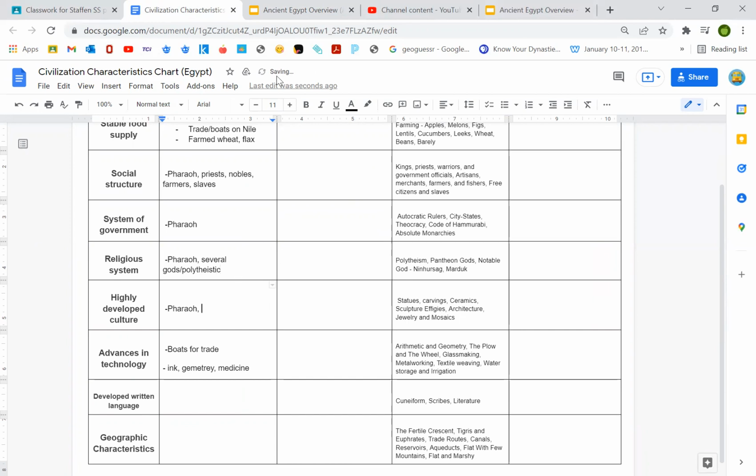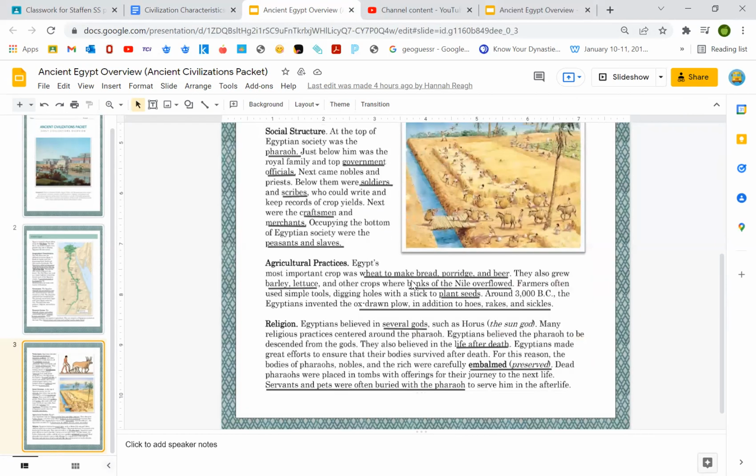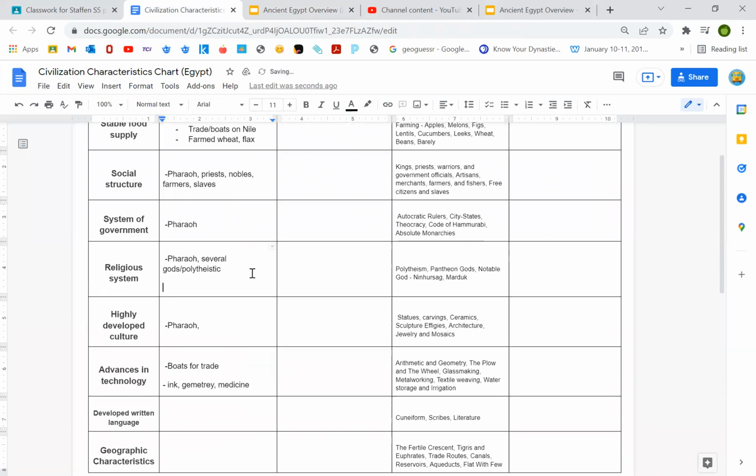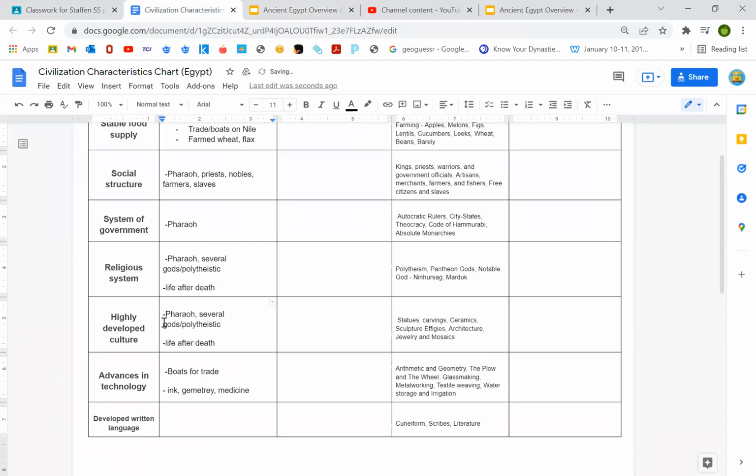Did I spell it right? Yeah. Polytheism is believing in many gods. They believed in life after death. But couldn't this also all fit under culture? It seems very ingrained in their culture.